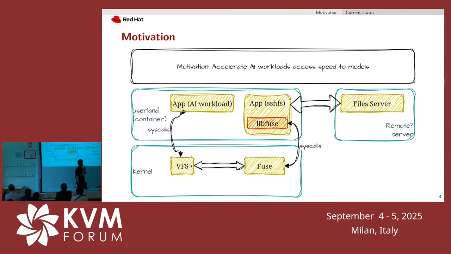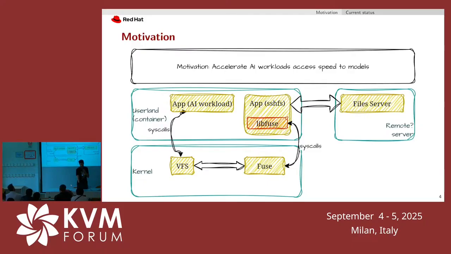This virtual file system goes to the FUSE kernel module, and then this FUSE kernel module uses syscalls to access the FUSE device, which translates these syscalls to whatever, for example, accessing remote files. In order to not put here any kind of vendor, we are going to use SSH file system, but it could be a FUSE device to access, I don't know, Azure, Amazon, whatever.